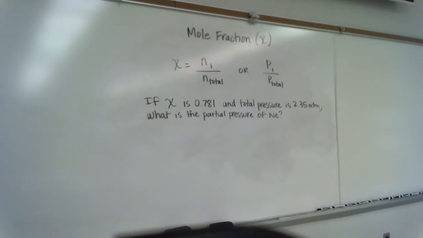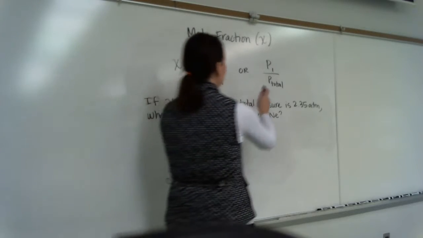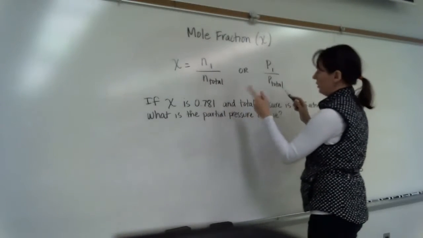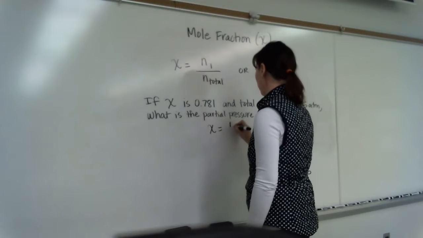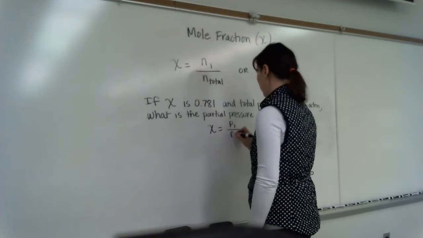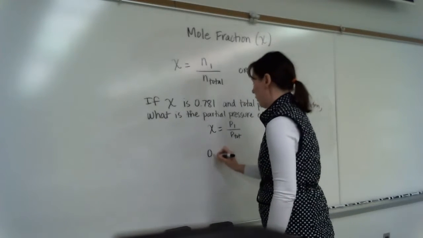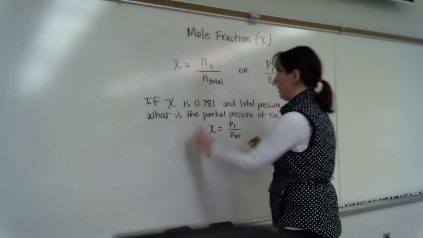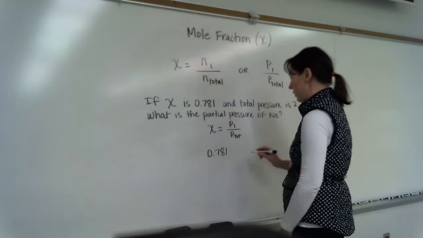All right, let's go over this one. So this one we're using number of moles or pressures? We're using pressures, right? So we're using option 1. So let's just plug everything in. 0.781. By the way, this would end up being unitless because these would all cancel out, right? So that's why it's got no units.